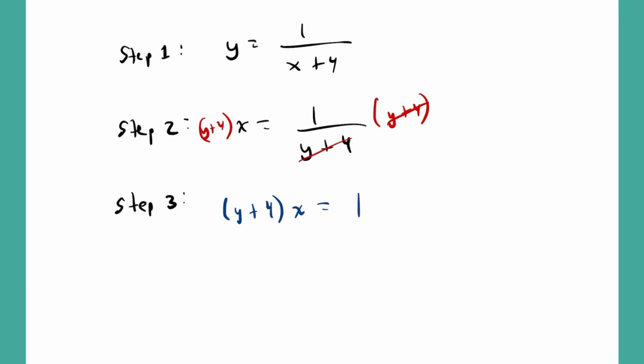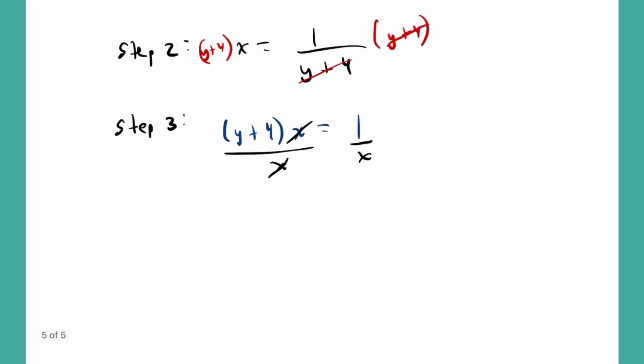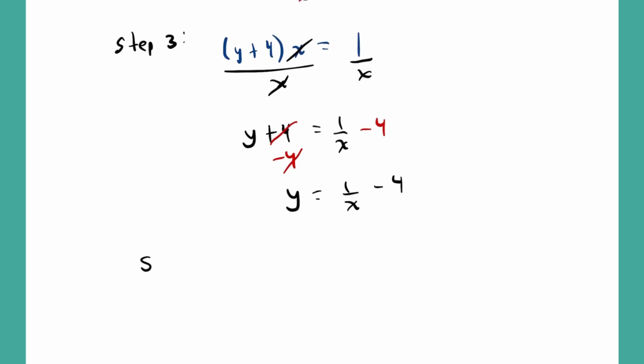So you could distribute, or you could just simply divide both sides by x. And then you're going to get y plus 4 equals 1 over x. And the final step would be to subtract 4. And you're going to get y equals 1 over x minus 4.